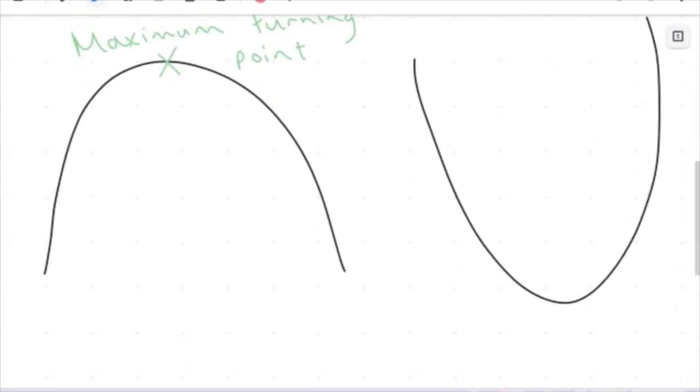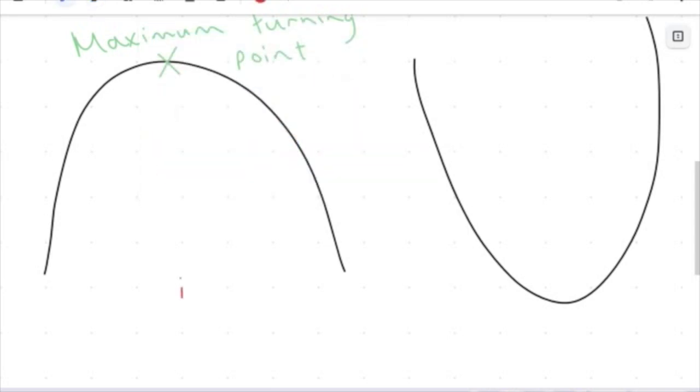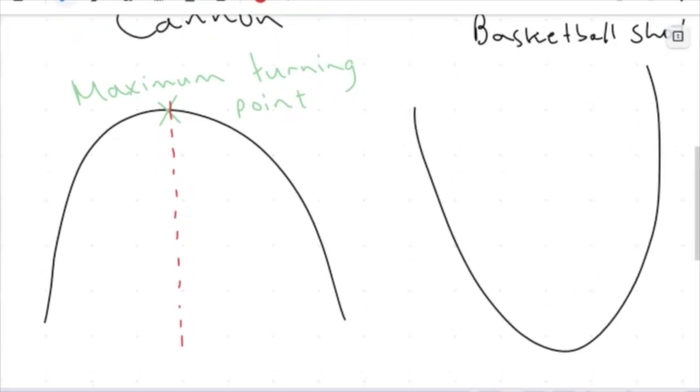They all have this type of motion associated with them. Now, what else do we notice here? Well, at this maximum turning point, if we drew a vertical line through here, you can see, once we start dealing with some proper parabolas, when I get some nice drawings in, you'll be able to see this a bit clearer.